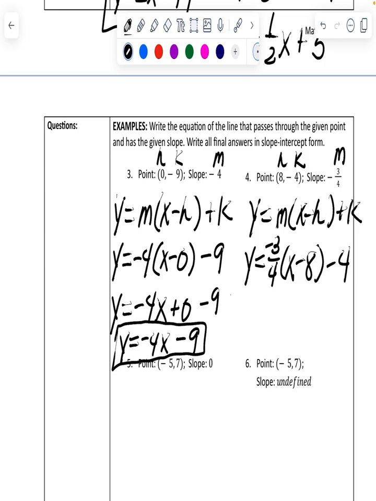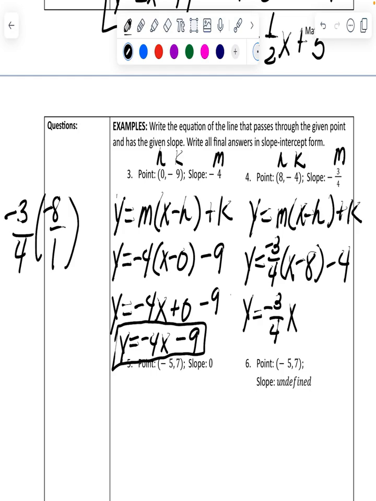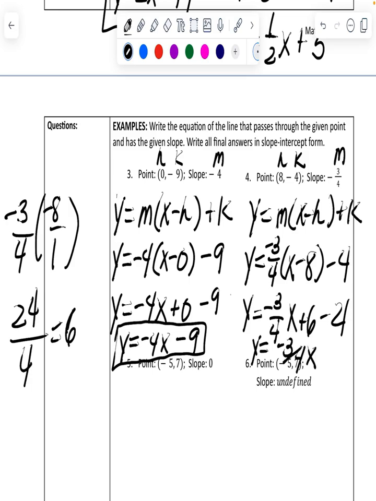Gotta remember how to multiply fractions. So y equals negative 3 over 4 x. Now I'm going to multiply negative 3/4 times negative 8. Remember, it can be over 1. So negative 3 times negative 8 gives me positive 24 over 4, which equals 6. Plus 6 minus 4. Y equals negative 3 over 4 x plus 2.